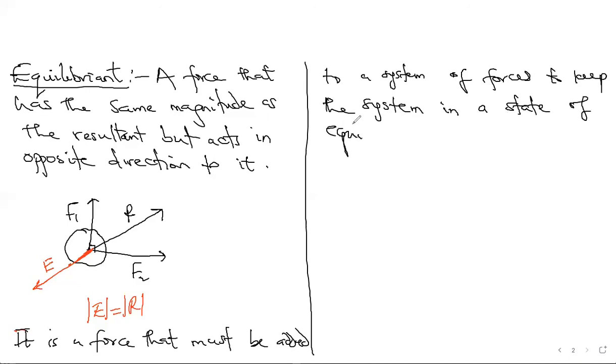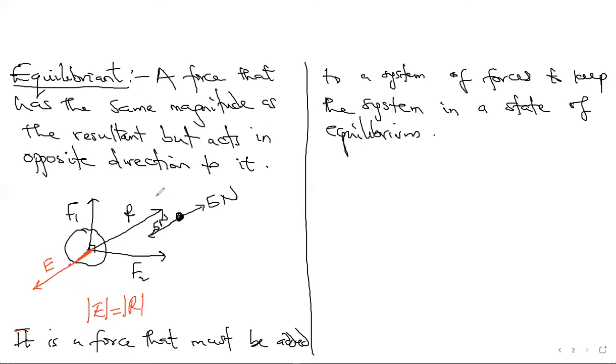And you can see that clearly, because if the resultant tends to move the object in this direction, let's say the resultant has a magnitude of 5 Newton and is pointing like that. If I apply another force that is also of magnitude 5 Newton, but in opposite direction, you will see that this object will not move.